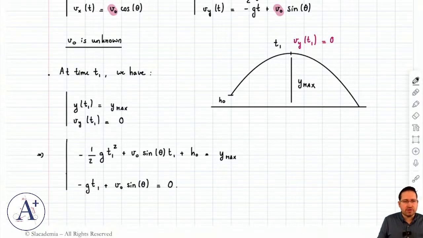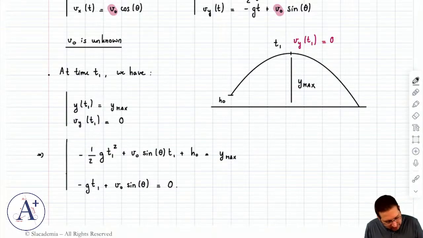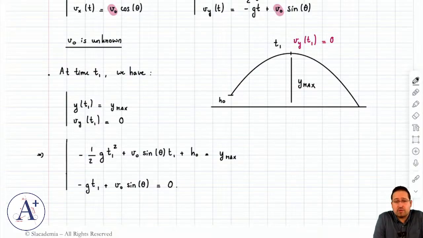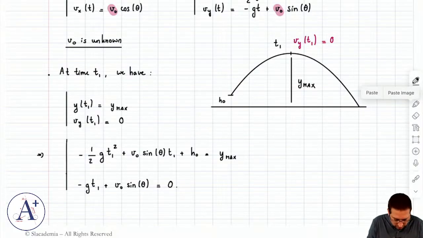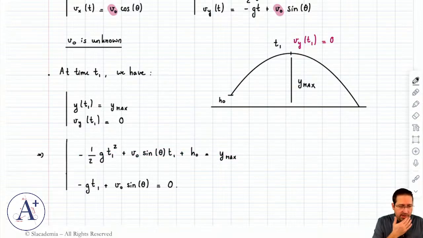And we kind of know how this works. We're going to find T1 based on this equation, because we don't know what T1 is. And then we can plug it into here, and then V0 will become the only unknown of this equation. Completely doable. It's actually not that bad.